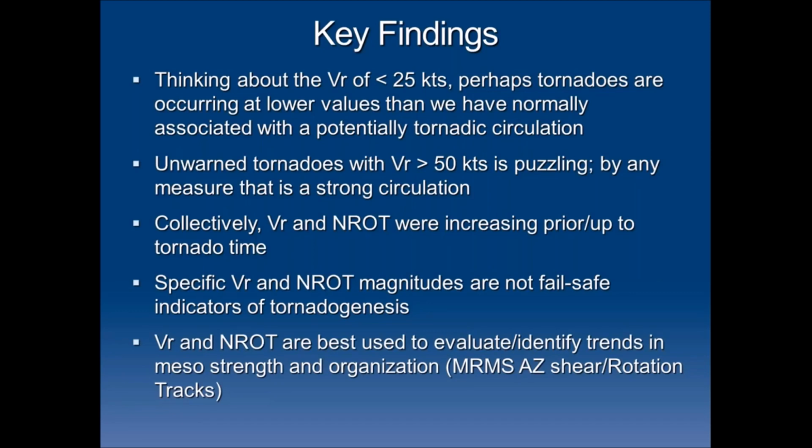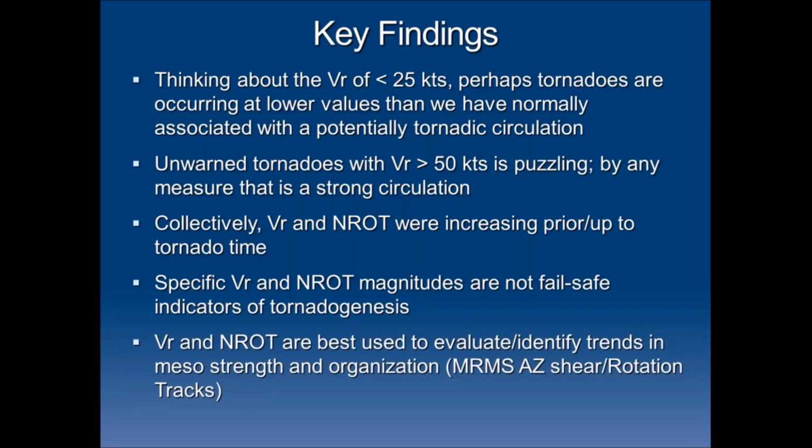Collectively, if you look at normalized rotation and the VSABAR magnitudes, they were increasing prior to and up to the tornado time. But looking at all these things I've just stated in the data sets, there's no specific rotational velocity or normalized rotation magnitude that is a fail-safe indicator of tornado genesis.